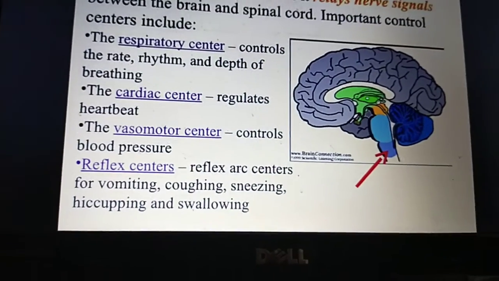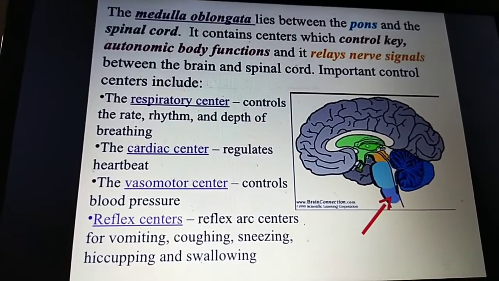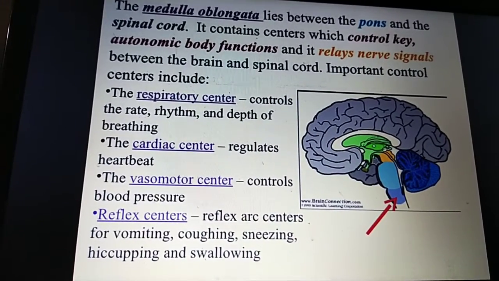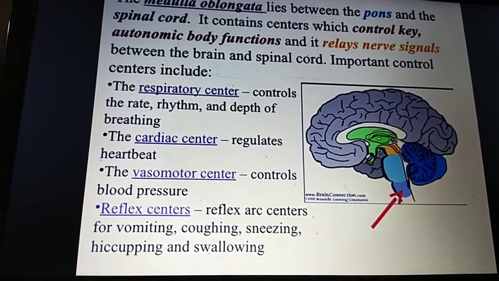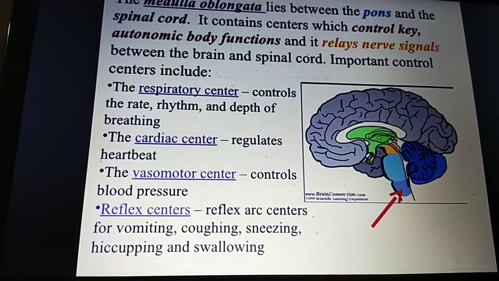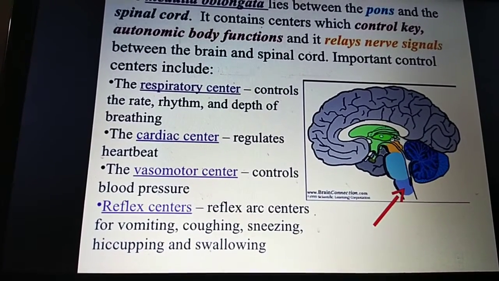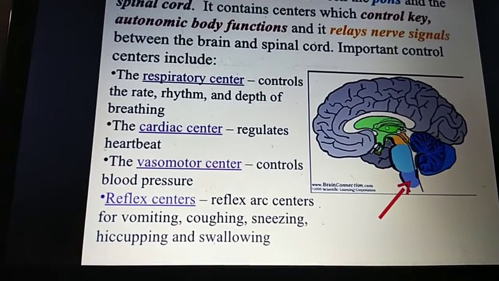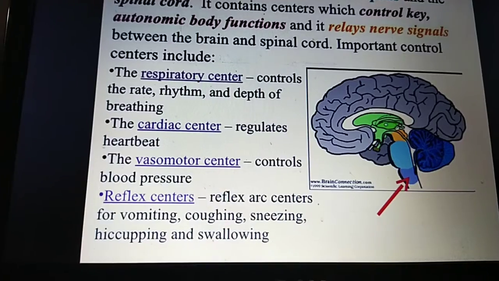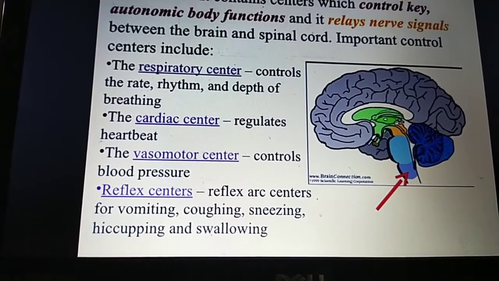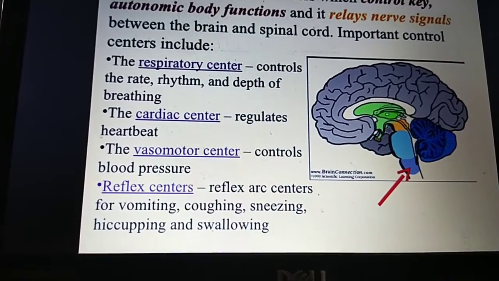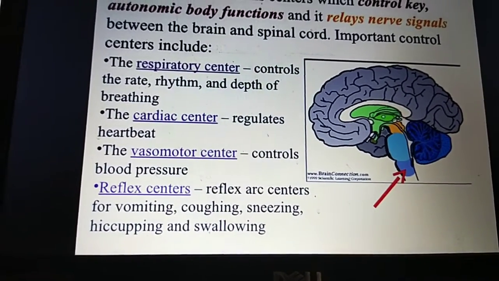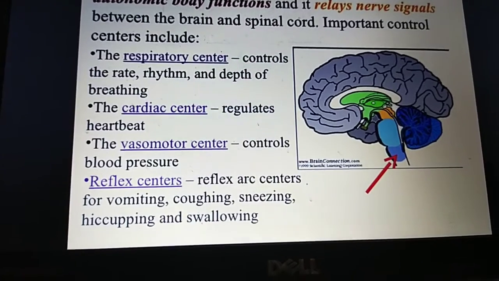Medulla oblongata: it lies between the pons and the spinal cord. It contains the centers which control key autonomic body functions, and it relays nerve signals between the brain and spinal cord. Important control centers include the respiratory center, cardiac center, vasomotor center, and reflex center.